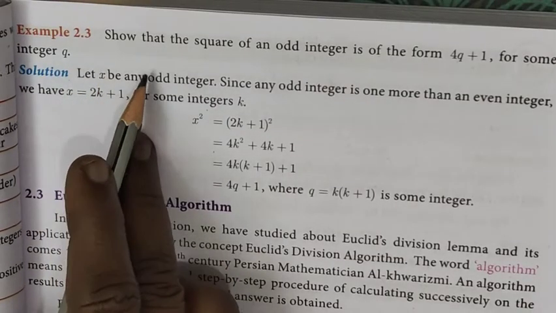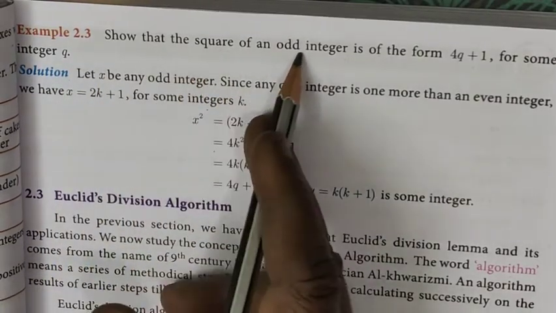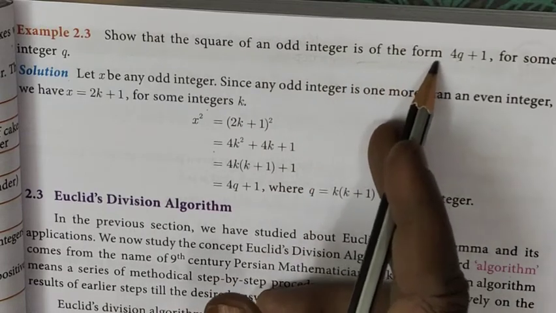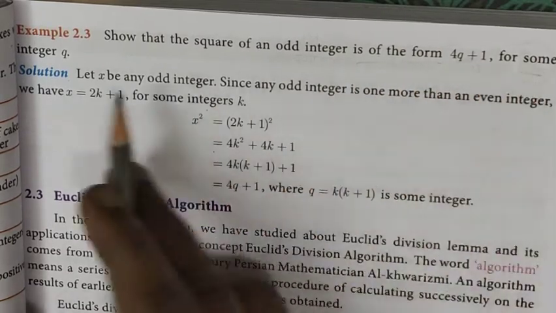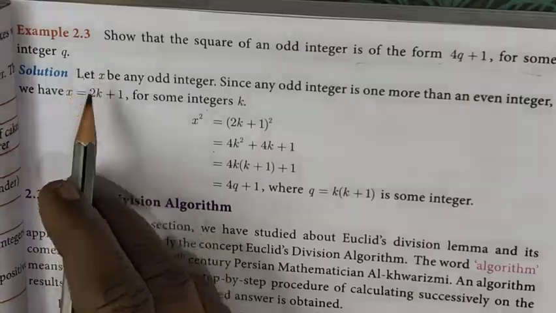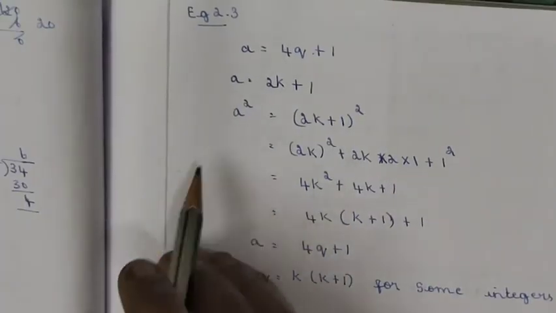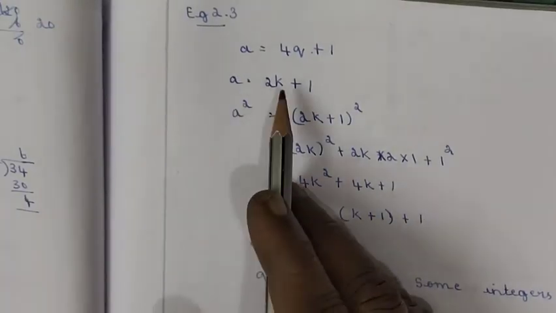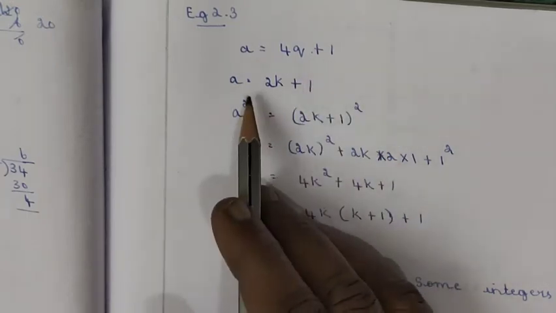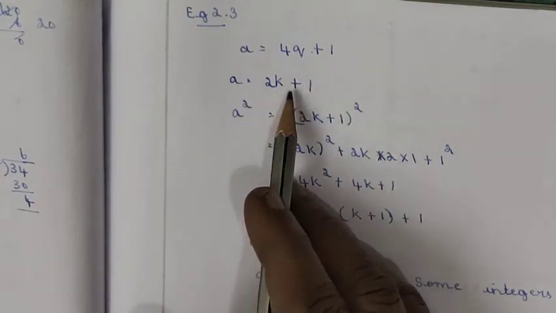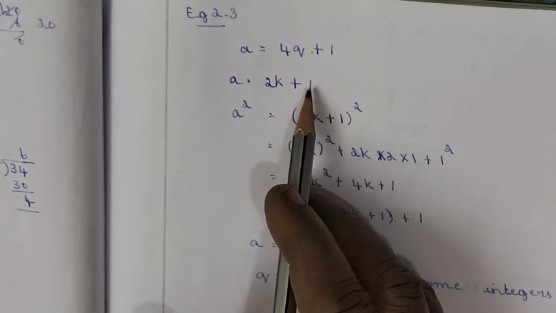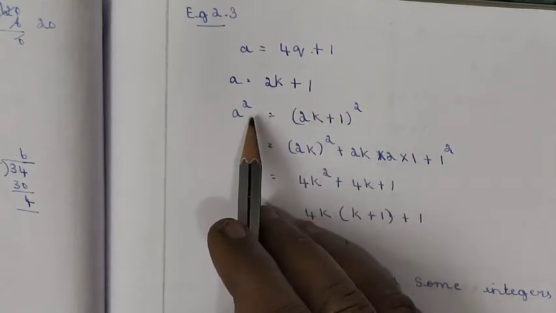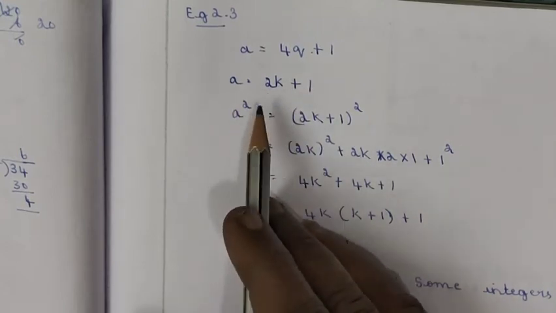Example 2.3, show that the square of an odd integer is of the form 4q plus 1 for some integer q. Now A is given as 4q plus 1. Let us take A equals 2k plus 1, the odd integer.